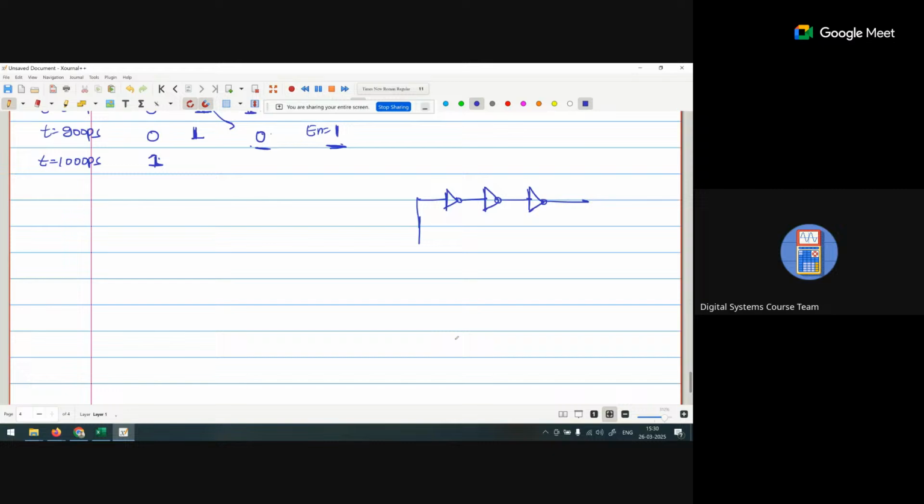If enable is 1, this circuit is just negating the value.